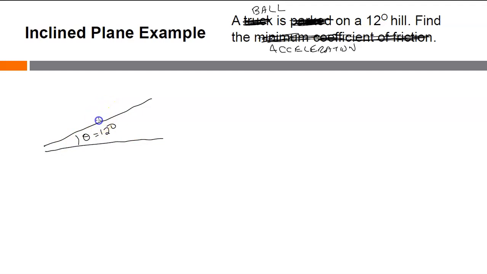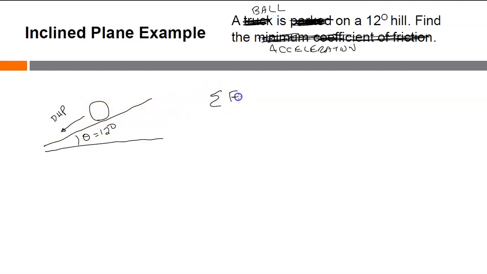And all I really have to do is say there's the ball, and I've got a downhill pull on that ball. I don't need to draw the gravity and break it apart. We've already done that. I don't need to draw the normal force. I draw that downhill pull, and we're ready to go.